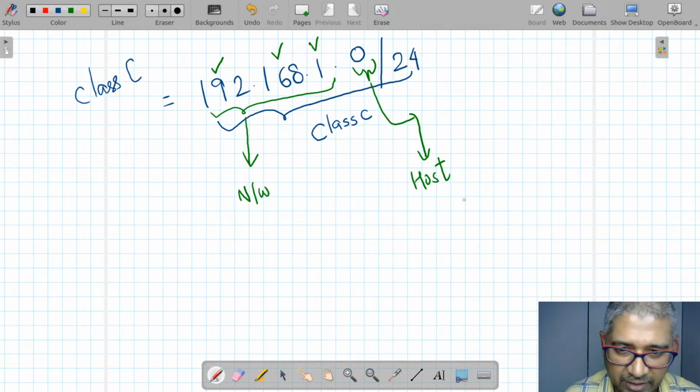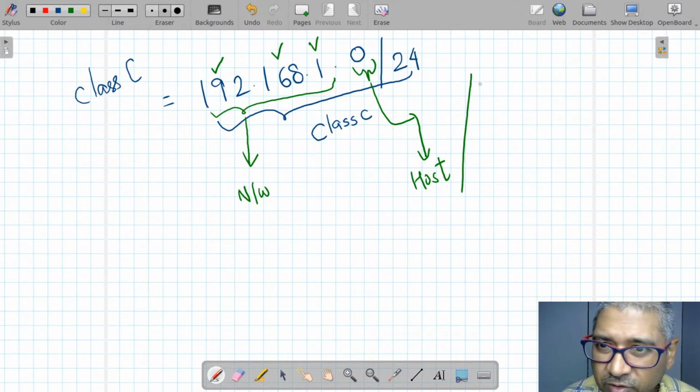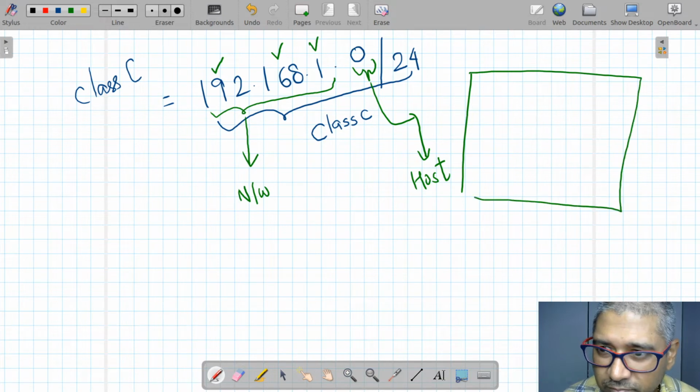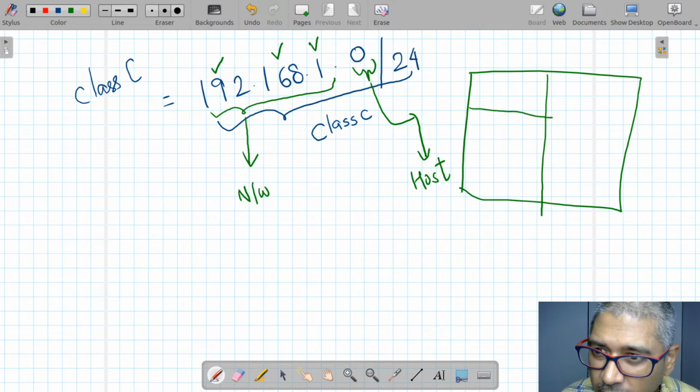What is subnetting? In layman's language, you can see this is the big network. You are going to break this big network according to your use.